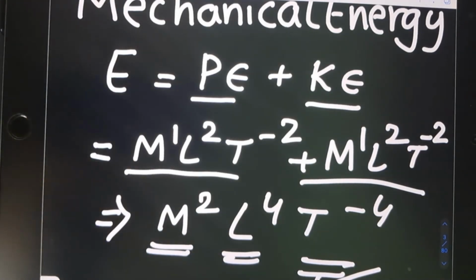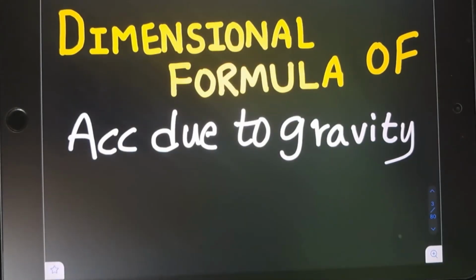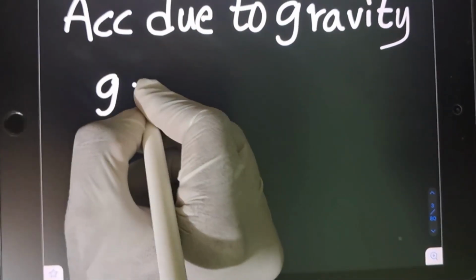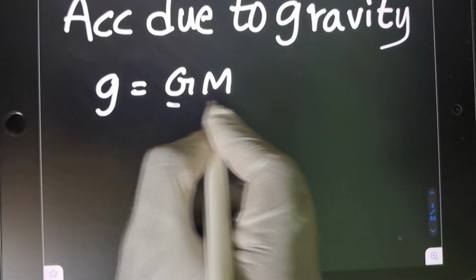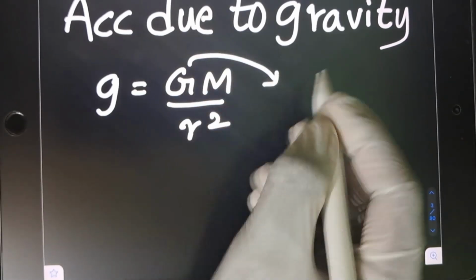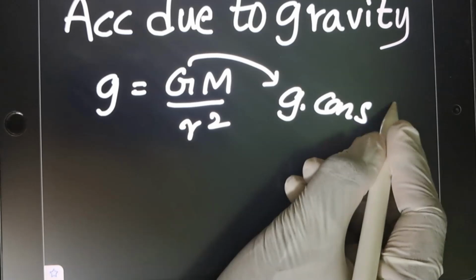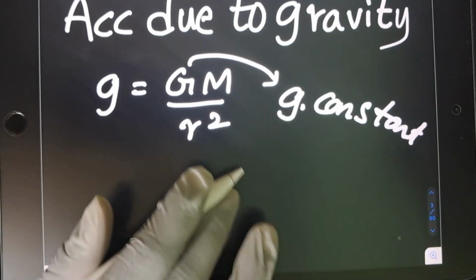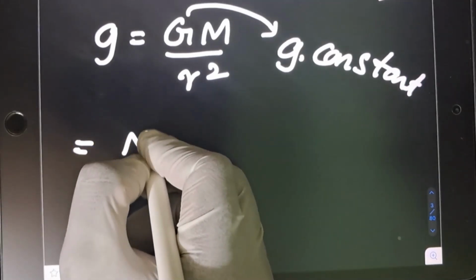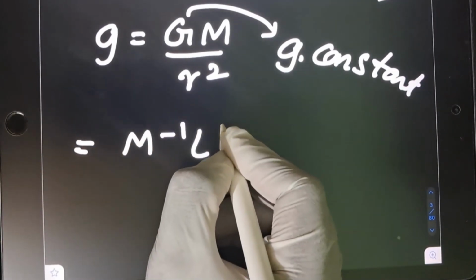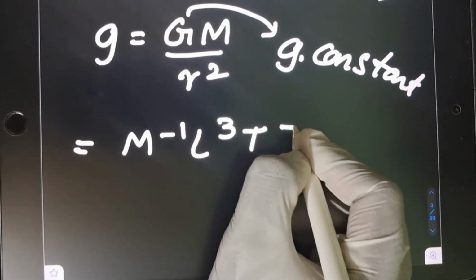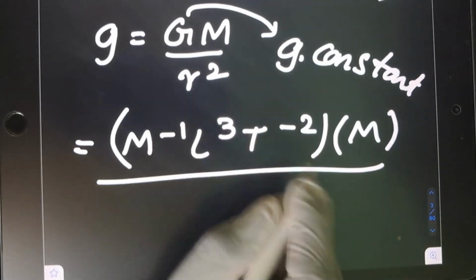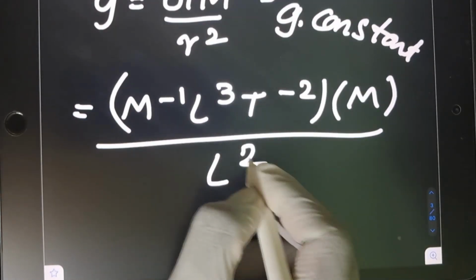To find the dimensional formula of acceleration due to gravity, g is equal to GM by R square. Here the capital G represents the gravitational constant. To solve this, we have to know the gravitational constant's dimensional formula first. It is M power minus 1, L power 3, T power minus 2, into mass capital M power 1, and here R square, so L square length.